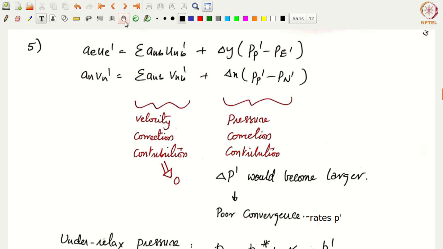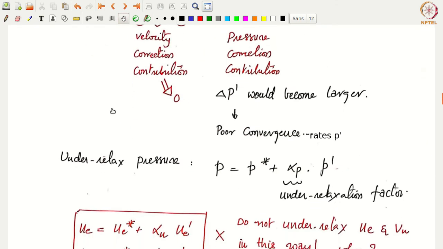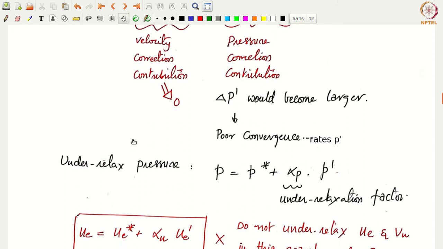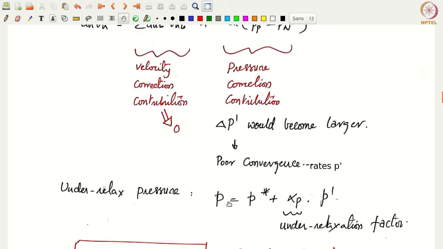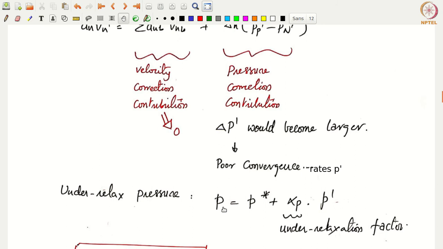It will be very sluggish. So we have to under-relax the pressure that we get. Otherwise, this will become very large values. One way to under-relax is, when you correct the pressure, you add only a portion of whatever P prime you got out of the pressure correction equation. That means you write P equals P star plus alpha_P P prime.